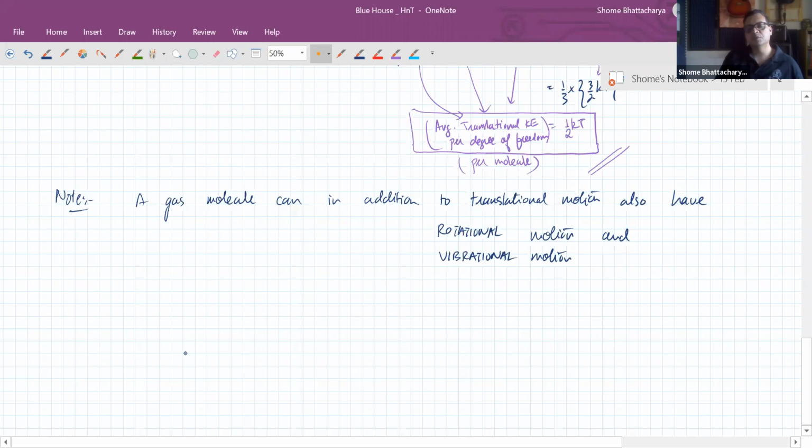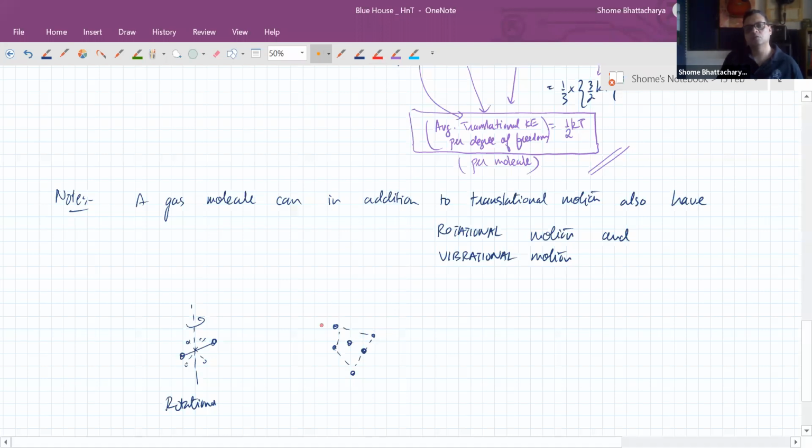For example, we have a dumbbell shaped diatomic molecule. It can also be rotating about this axis. It can have this kind of rotational motion also. Or we have a complex type of molecule which has a lot of different atoms, so the interatomic bonds are not that strong. So this can also be vibrating.